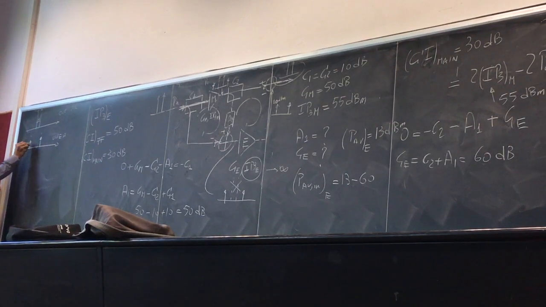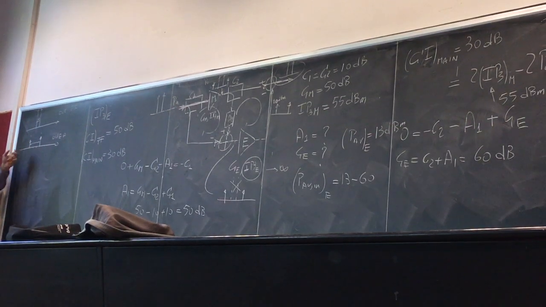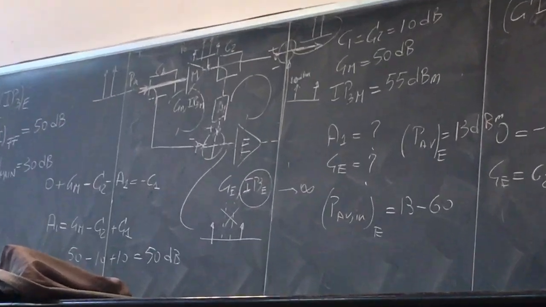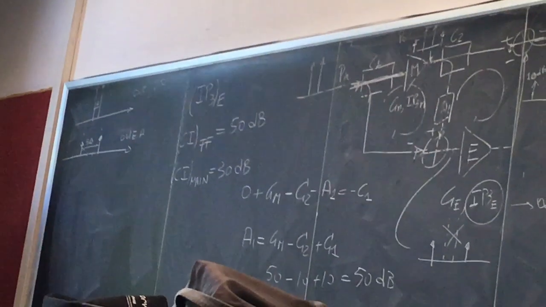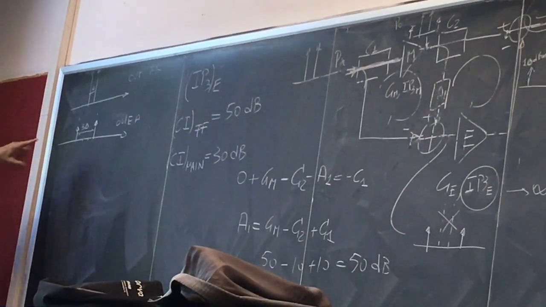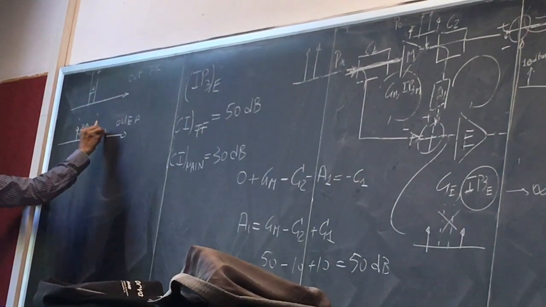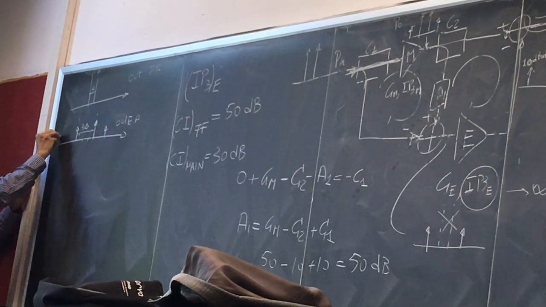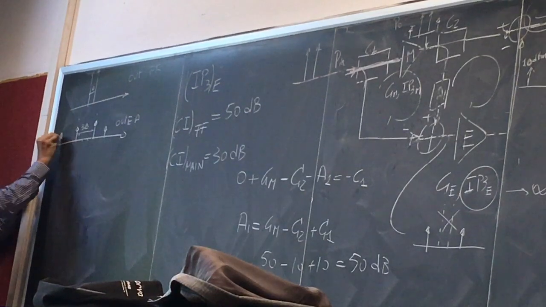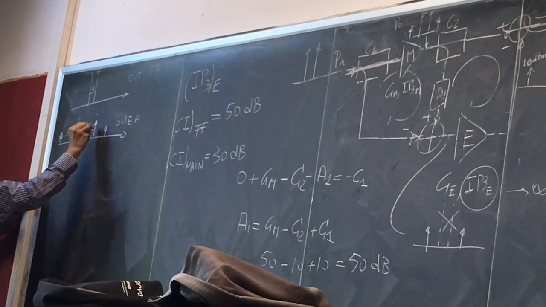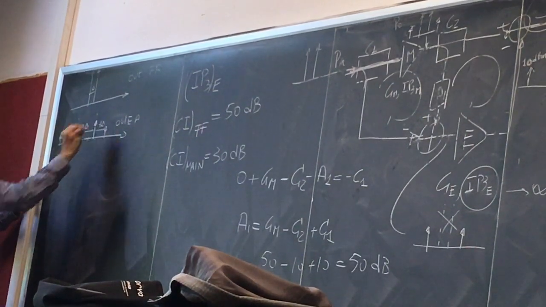We can observe, in fact, that this is the main signal of the error amplifier in the ideal case, where this distance is 3 delta. Then the intermodulation that is produced in this case will have 2 lines, one here and one here, which are at 3 delta and 3 delta. Okay?